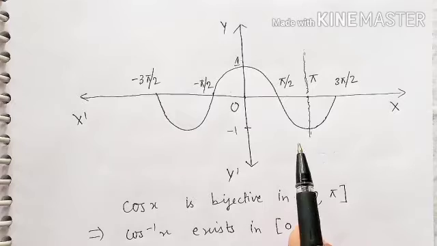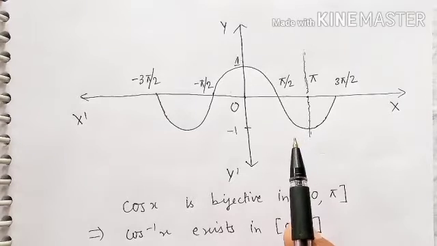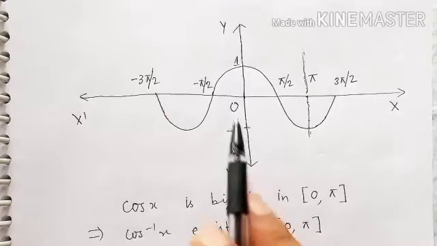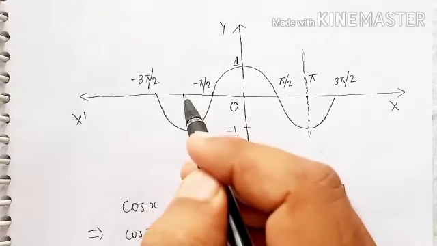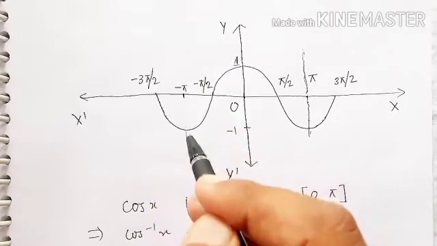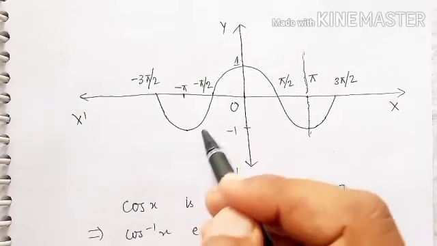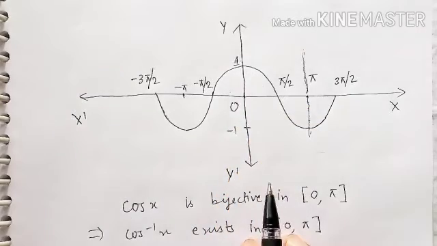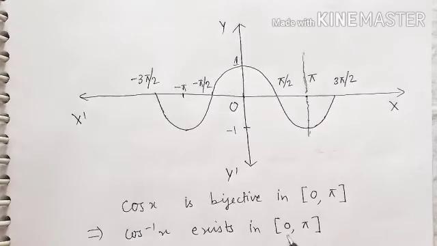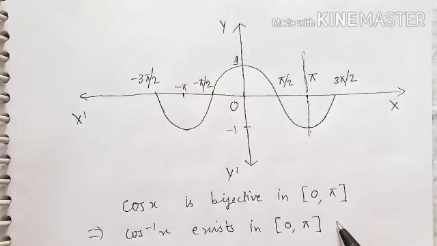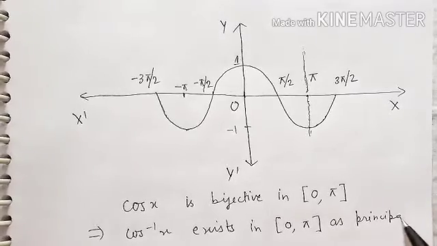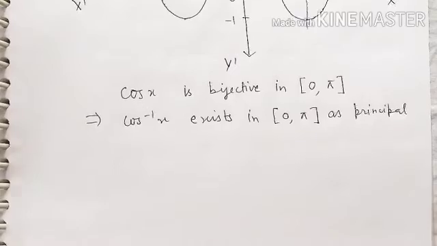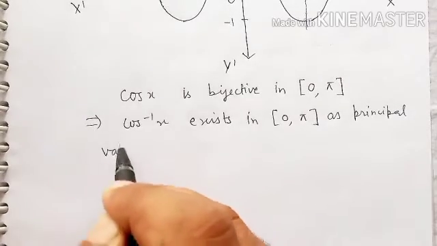Of course, in other intervals also, like minus pi to 0, the graph is one-one and onto, but mathematicians accepted this interval as the principal value branch.